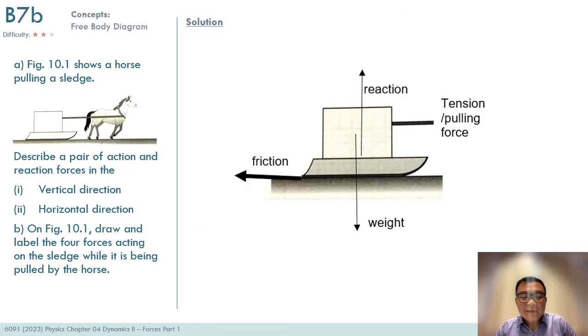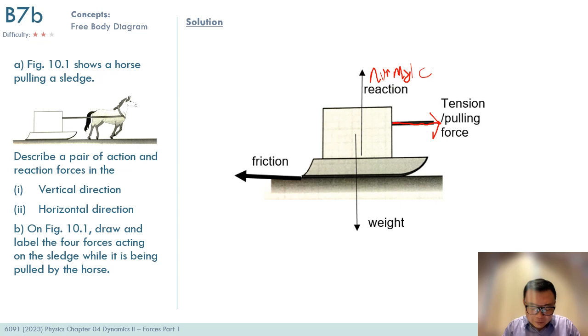The last part of the question is a question on free body diagram. A free body diagram shows all the forces acting on the object. In this case, the object that we are focusing on is the sleigh. So I've drawn a sleigh here, and there should be a forward force, and this is a tension force of the rope, or a pulling force by the horse on the sleigh. There's this normal reaction force.